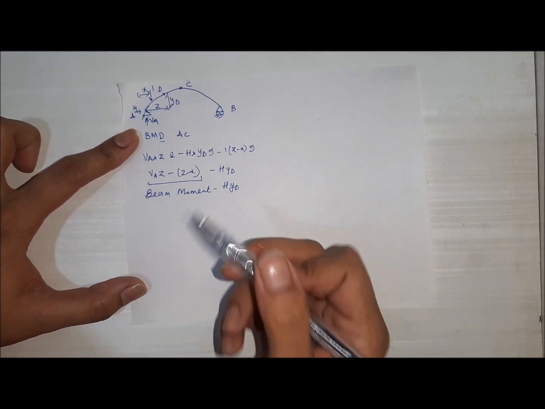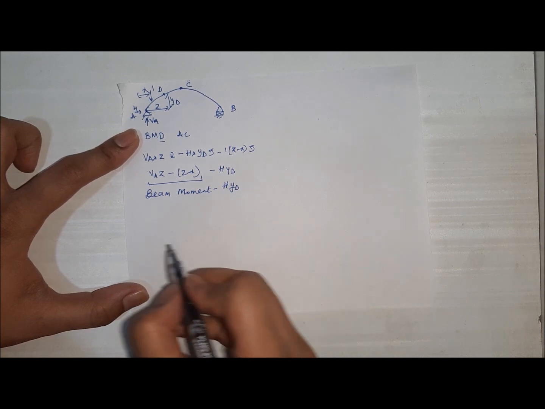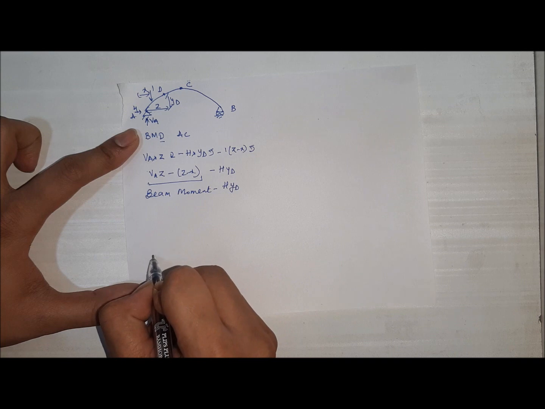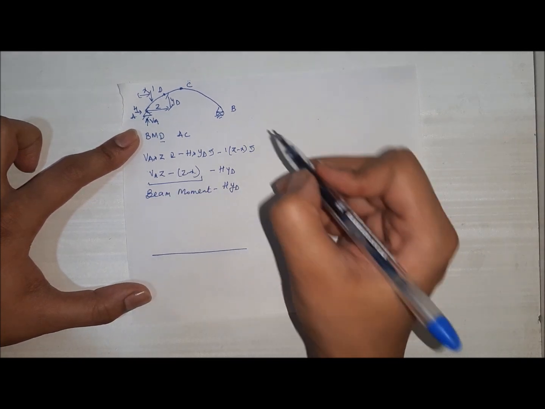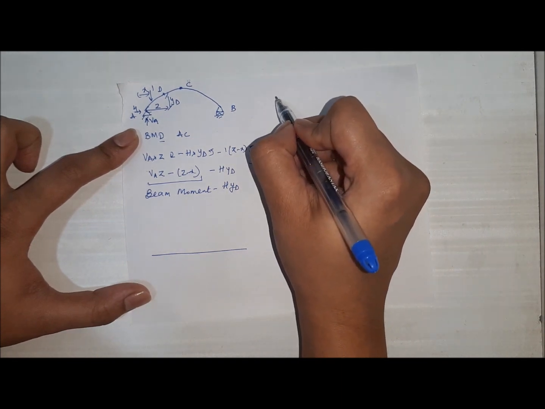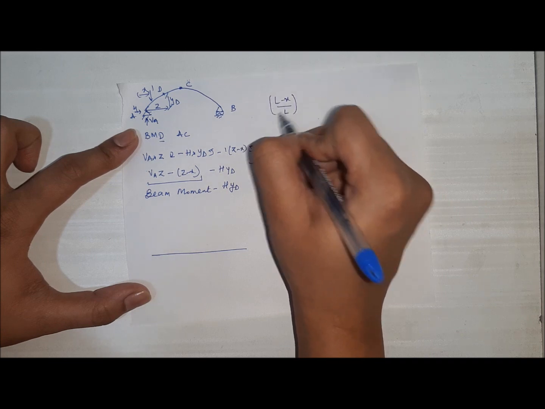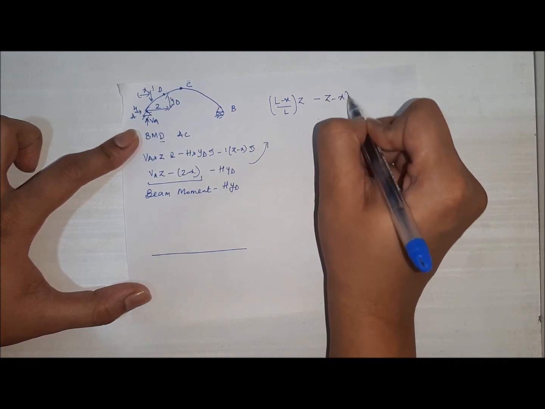This means we have to plot two ILDs for this. So for plotting the beam moment ILD, what we are supposed to do? For the beam moment ILD, we will reopen this term. VA, we had got the value of VA as (L minus x) by L, into Z, minus (Z minus x).